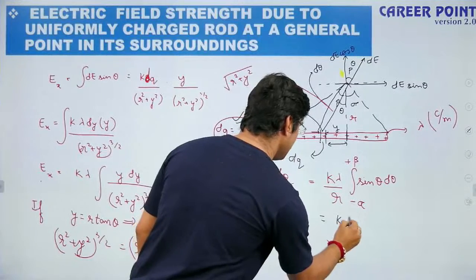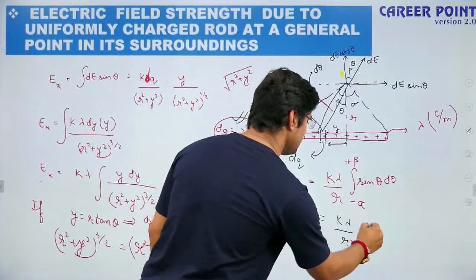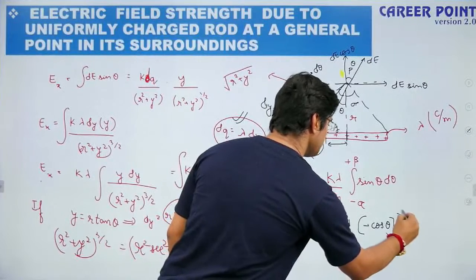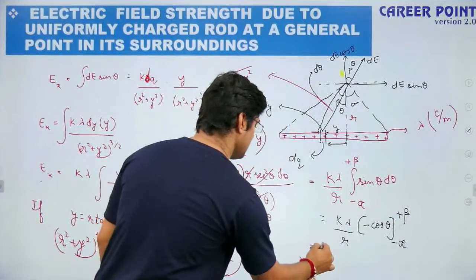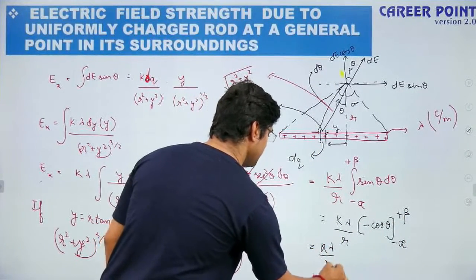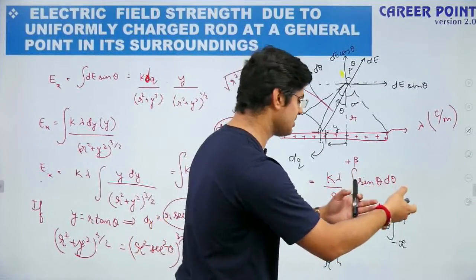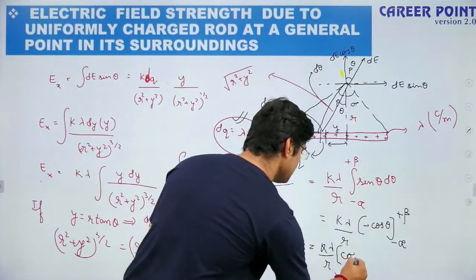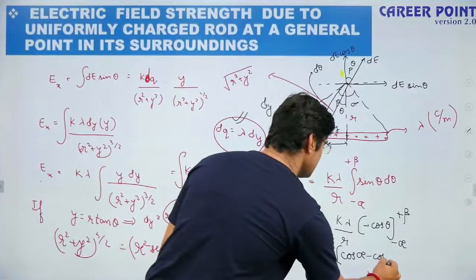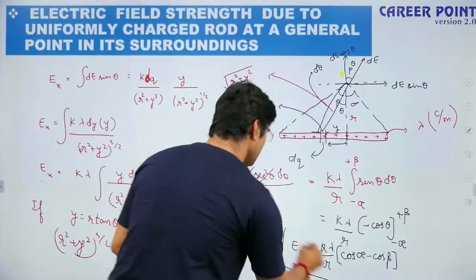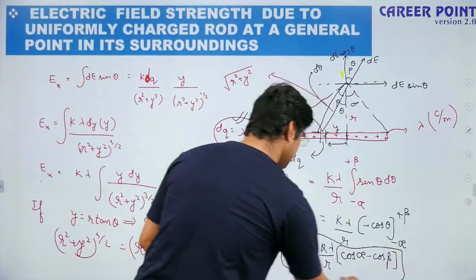Integration of sin theta will come minus cos theta, from minus alpha to plus beta. So the answer will change a bit: K lambda by r, minus cos beta plus cos alpha. So this answer will be K lambda by r, cos alpha minus cos beta. So this is a slight change in the value of the horizontal direction electric field.